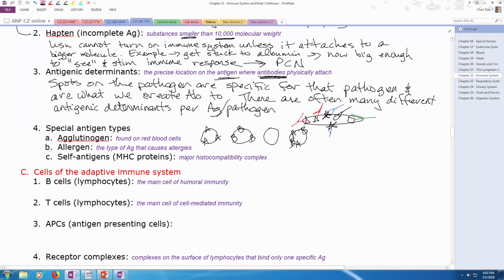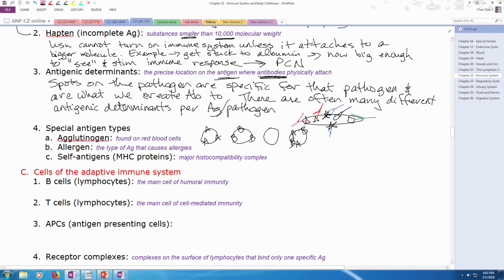So that is a special name because it causes the agglutination or clumping of the blood cells if we have a transfusion reaction that actually occurs, for example. Allergen, that's the special type of antigen which will cause an allergic reaction. And then we have a very special type of antigen called MHC proteins or antigens.